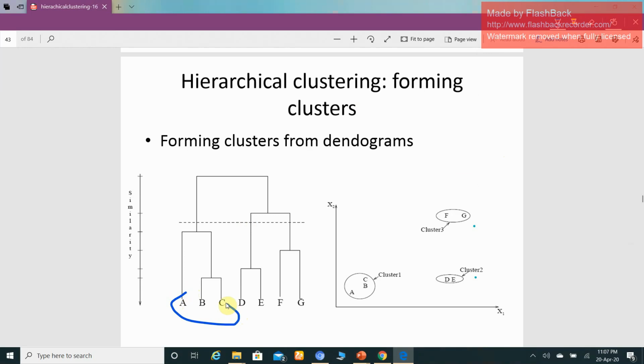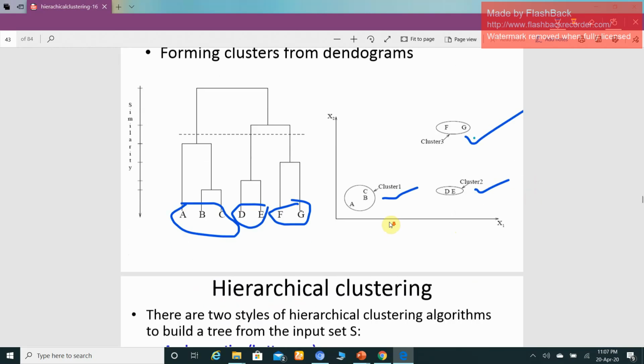This is another cluster. This ABC is in one cluster. This is cluster 1. Next, D is in another cluster. This is cluster 2. Next, FG is in another cluster. That is, this is the FG cluster.